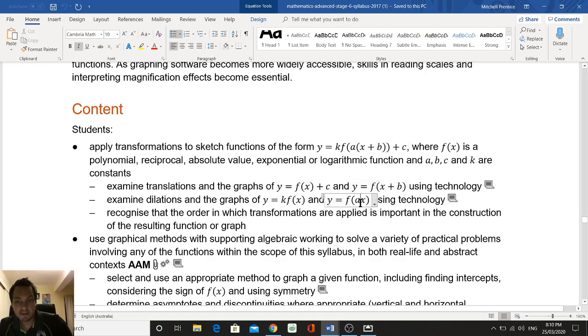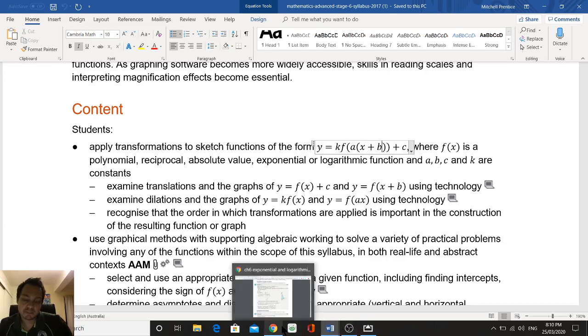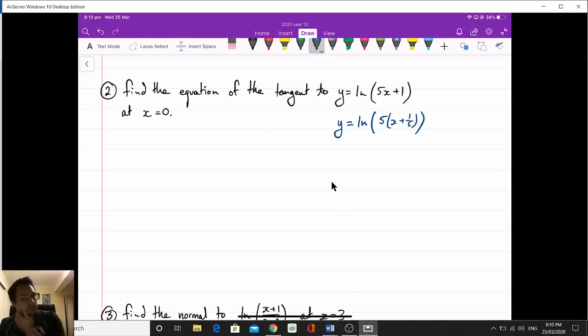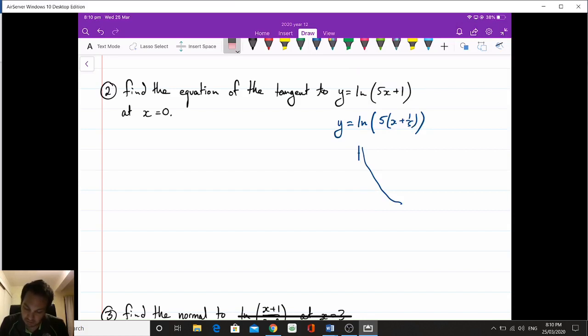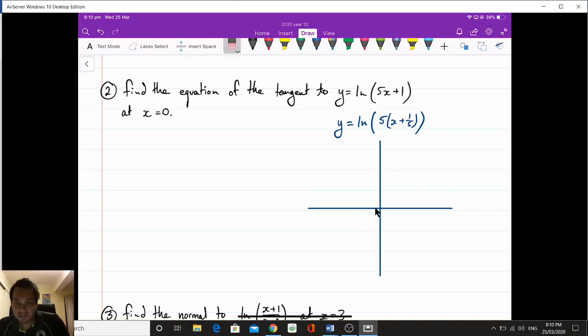So in this case, the dilation is being made, as well as the translation that we would do first. This graph is only going to move across 1/5 to the left. If I did a graph for this part, it's only going to have an asymptote at negative 1/5, of course, because it's only been shifted to the left 1/5.